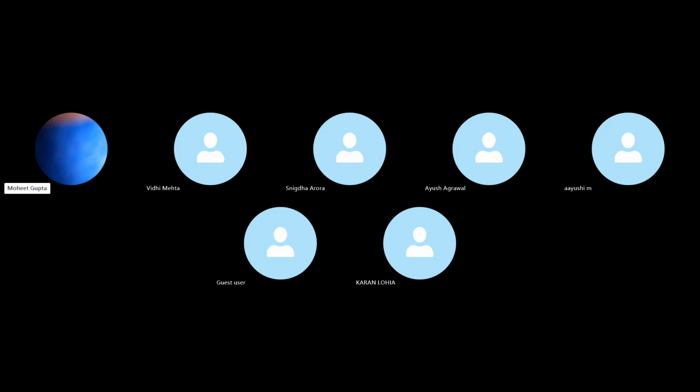Just do the calculation: 378 into 10 to the power 9 tons into 6,000 per ton, divided by 10 to the power 12. It is coming to 2268 lakh crores.